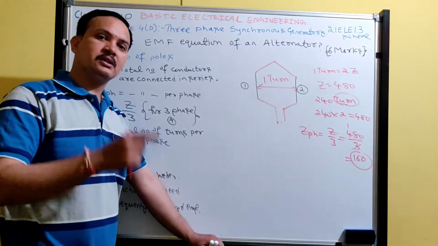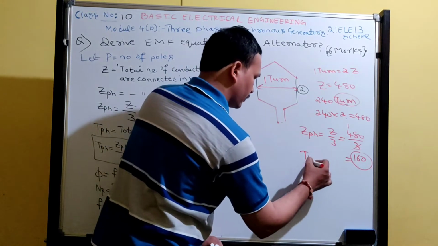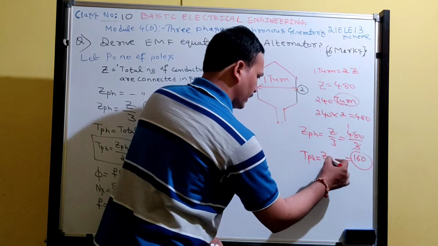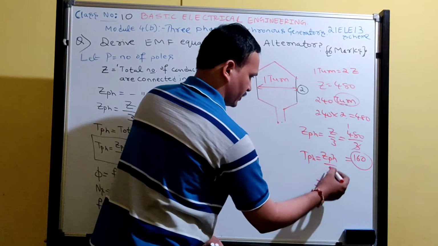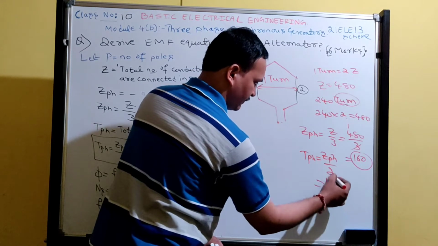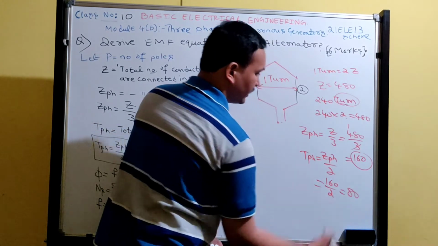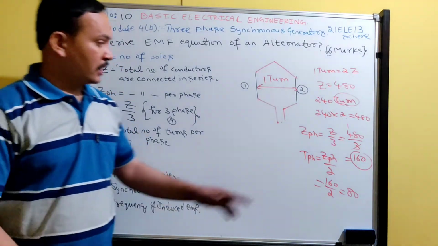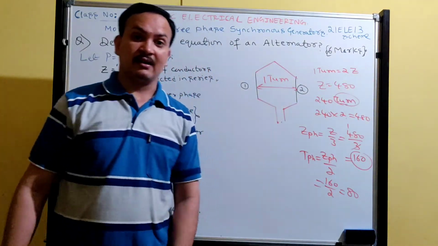Then how many turns in one phase? T_PH will be Z_PH by 2. What is Z_PH? 160 divided by 2, so in one phase there are 80 turns.